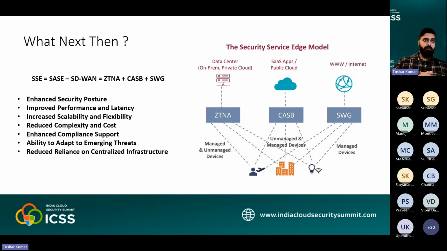So what's next? I'll not say VPN has flaws. VPN has been really, really helpful. So I'll say we have some areas of improvement in VPN. So what comes next to VPN?